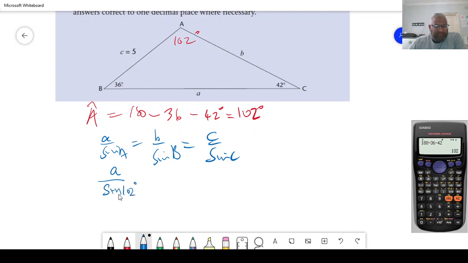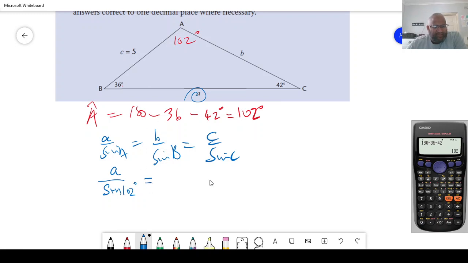You will ask the question now, why didn't I go with sine A over a is equal to sine B over b is equal to sine C over c? There would be no problem if I had gone that route. However, a is the unknown. So if I want to calculate the length, I use this formula. If I want to calculate an angle, I normally use the other formula.